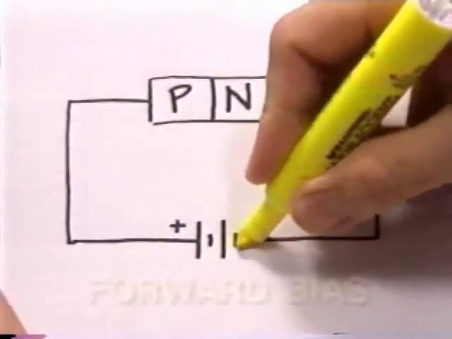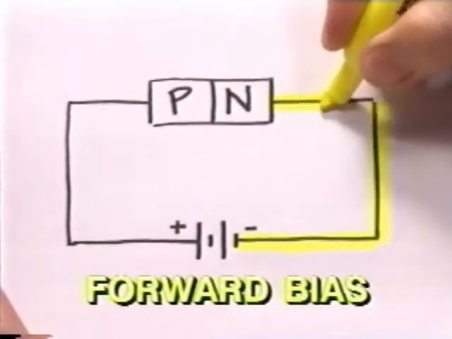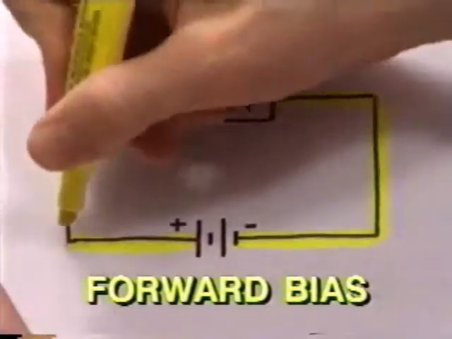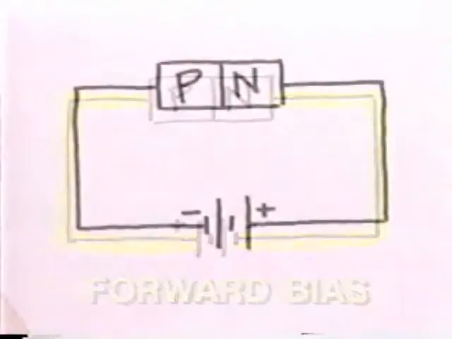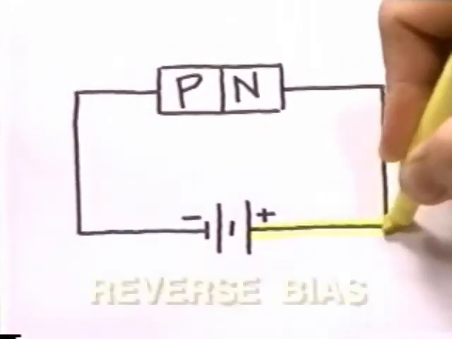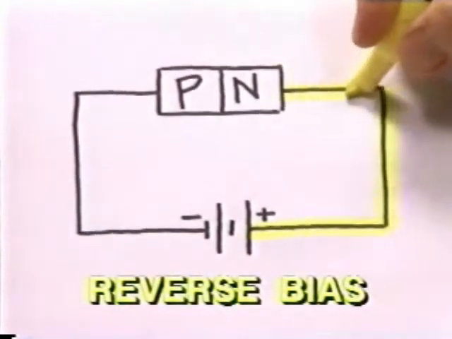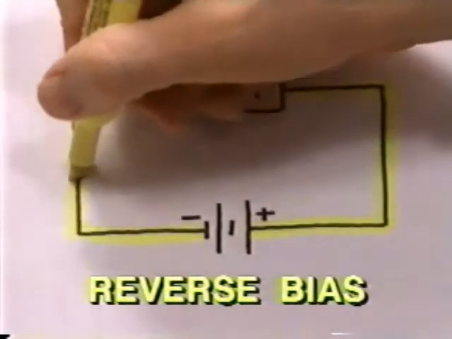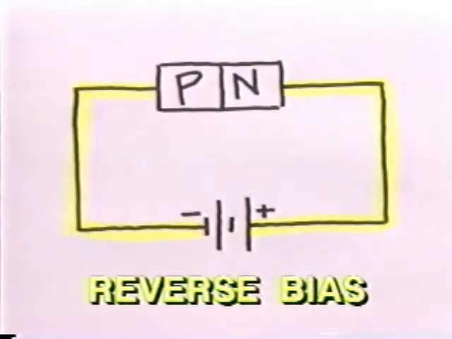In order to forward bias a junction diode, the negative side of the battery is connected to the N material, and the positive side of the battery is connected to the P material. To reverse bias a junction diode, the connections are reversed. The positive side of the battery is connected to the N material, and the negative side of the battery is connected to the P material.